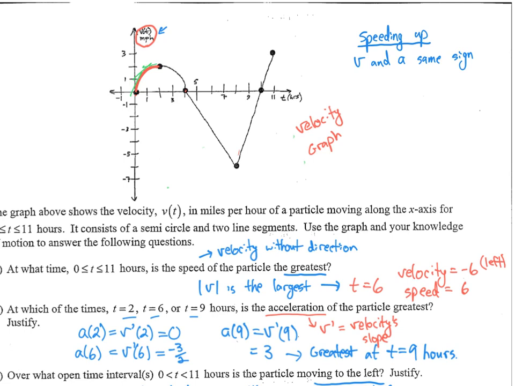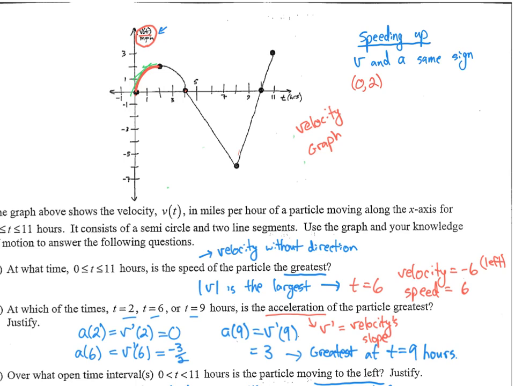So I know that the particle is speeding up from 0 to 2. Going on the next interval from 2 to 4, I see that the velocity is positive still. The velocity is positive because this graph, which is a velocity graph, is above the x-axis. But the slope of this graph is negative, so that means the acceleration is negative. So this would not be an interval where the particle is speeding up. That would be one where it's slowing down.